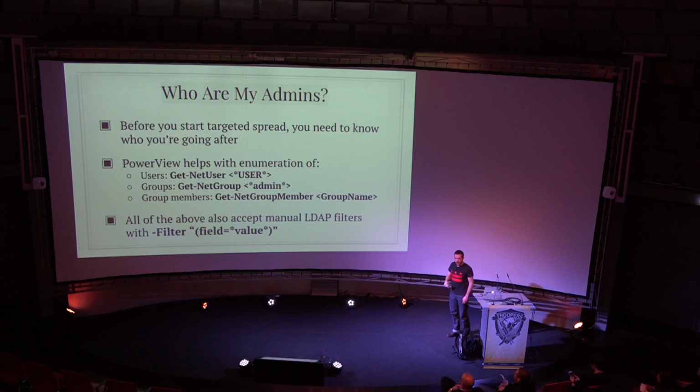You can get groups that have particular wildcard names in them, like Get-NetGroup *admin*, which we use all the time. And you can get all the members of a group. Also, on all these functions, there's a -Filter attribute, so you can do your own customized LDAP filters. So if anyone's ever done AD queries or any other kind of stuff, if you have any of those strings or particular things you want to search for, you can add those into PowerView really easily.